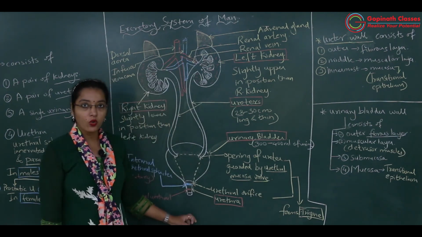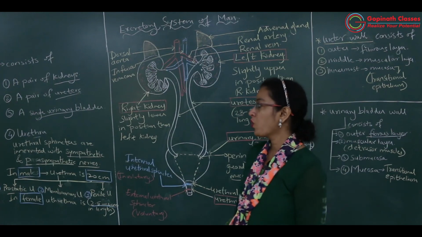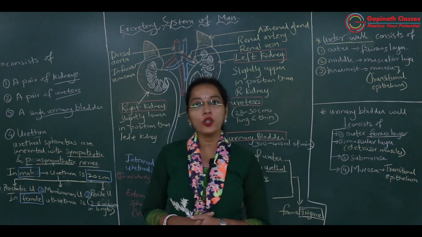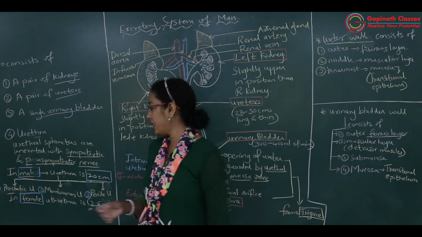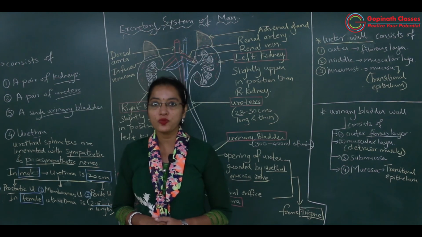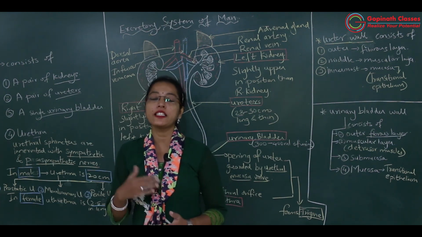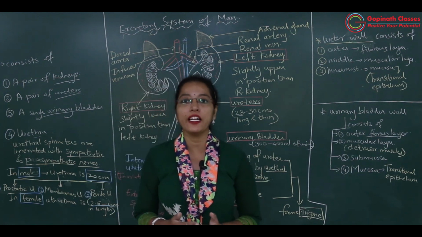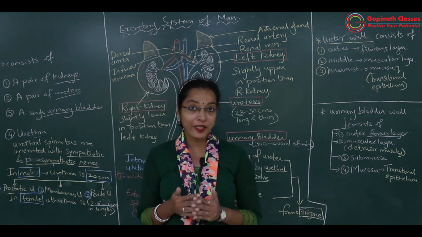Okay. So urethra which is there, it is innervated by 2 types of nerves, that is sympathetic and parasympathetic nerves. Sympathetic nerves which are there, these will increase the relaxation of the external and internal urethral sphincters.